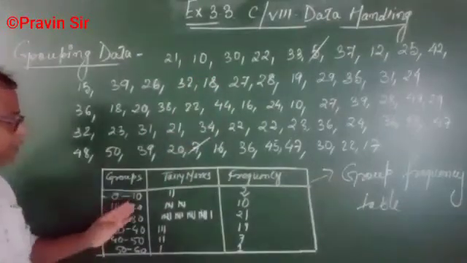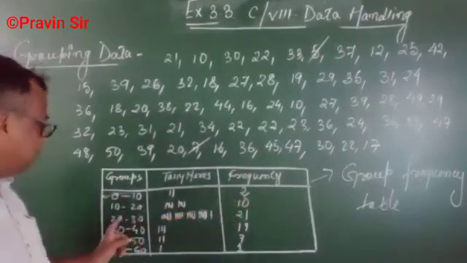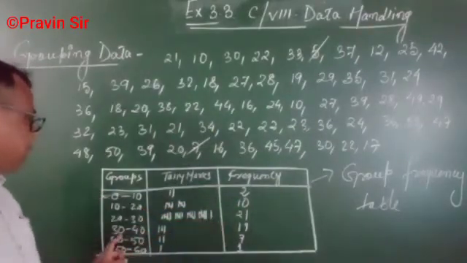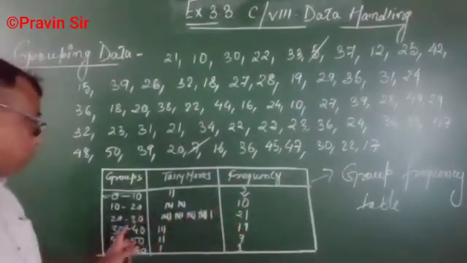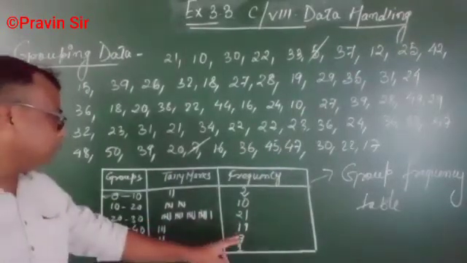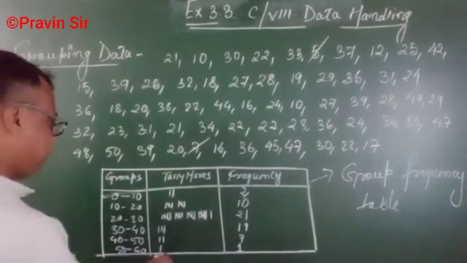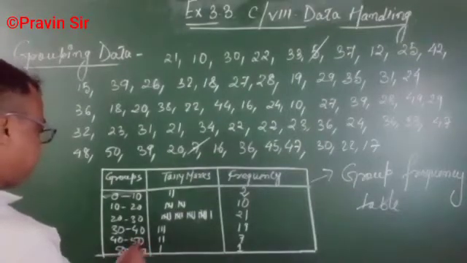10 to 19, how many data are there? 10. Then 20 to 29, 21. 30 to 39, 19. 40 to 49, it is 7. This tally mark is wrong here.